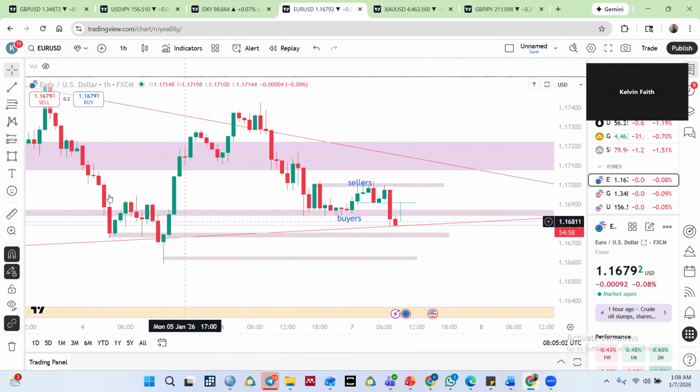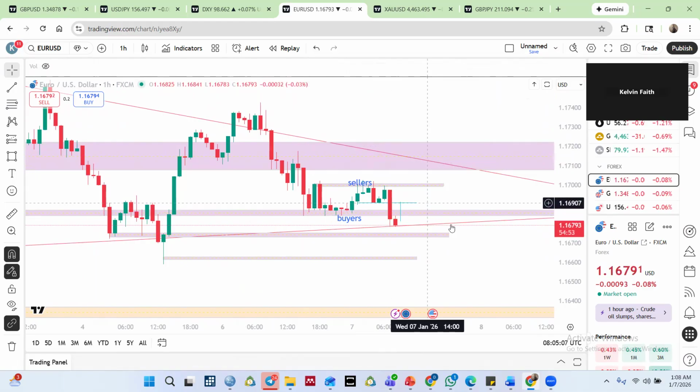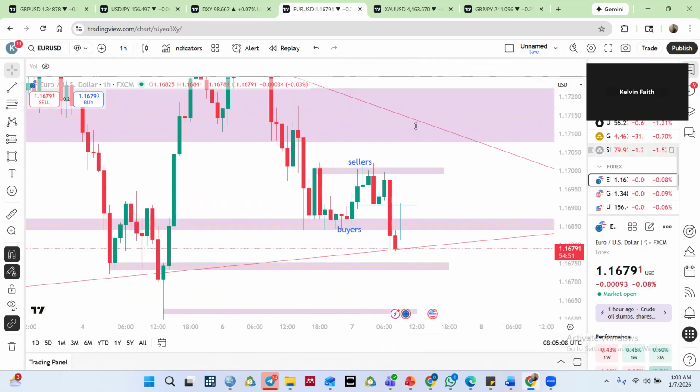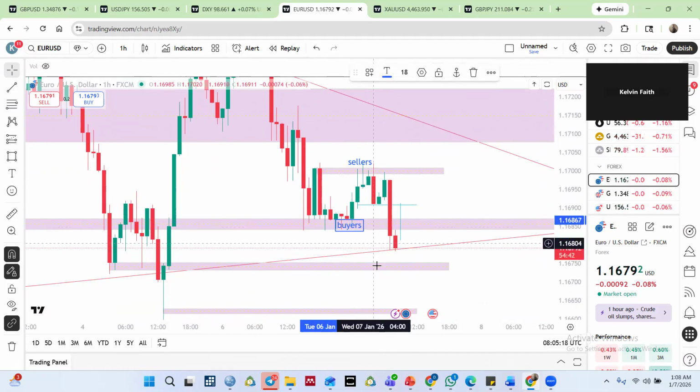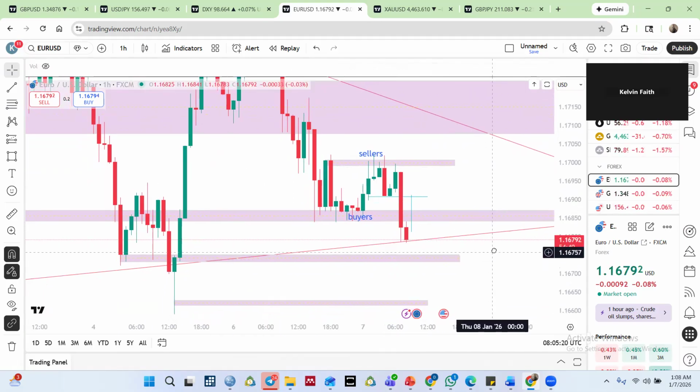Let's see. So if I'm selling below, because there's a clear 1 hour bearish engulfing close below the buyers. Okay, so this is where the buyers were. It's a clear close.